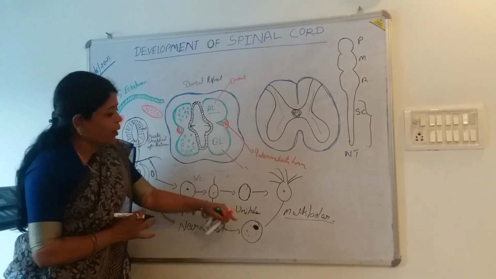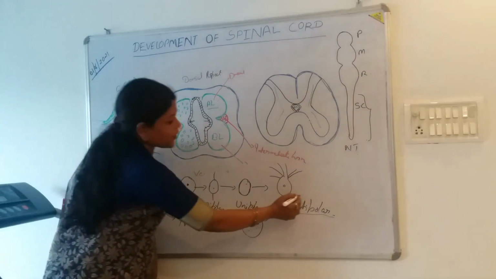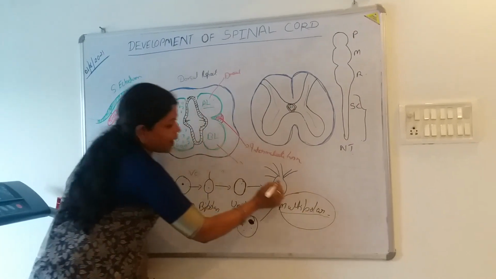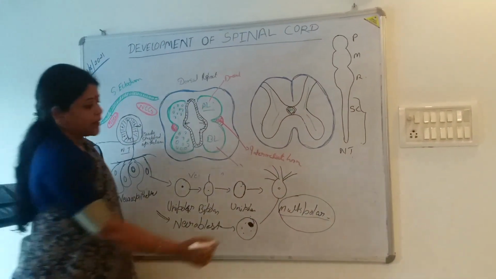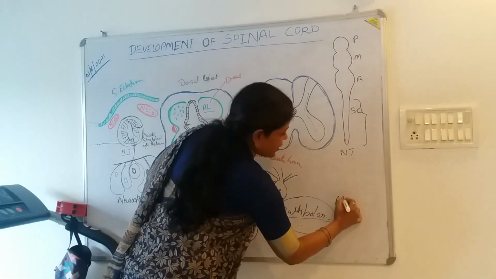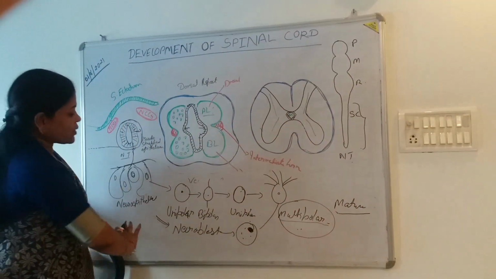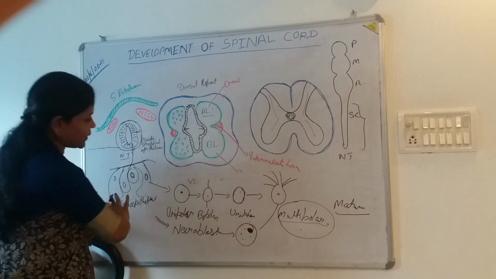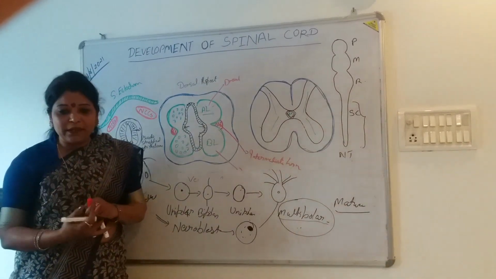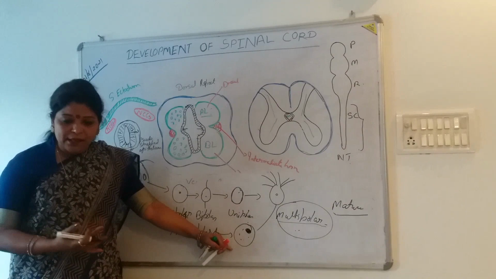So in this form the cells are present, and the mature neurons are the multipolar neurons. Okay, so this was the histogenesis, how the neuroepithelial cells transform into the neuroblast cells.